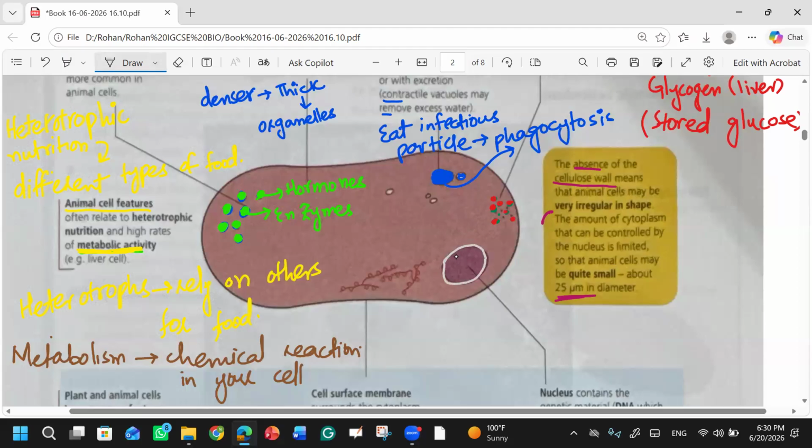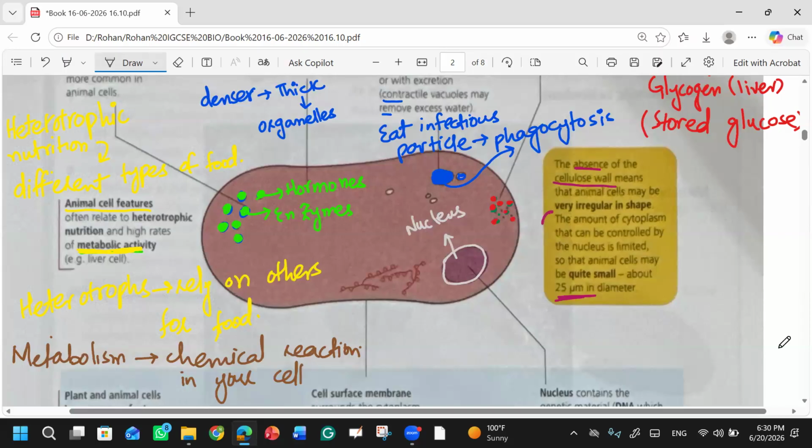This is the nucleus. Whatever content is present in the cytoplasm, whatever the amount of liquid in the cytoplasm, all of that is controlled by the nucleus.